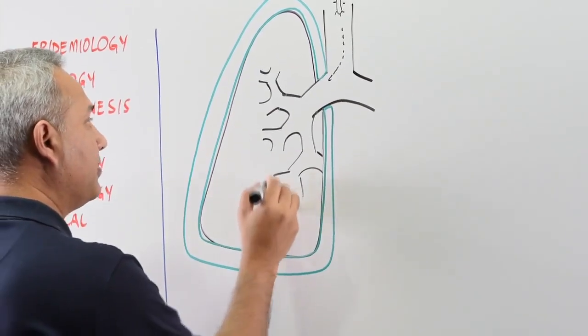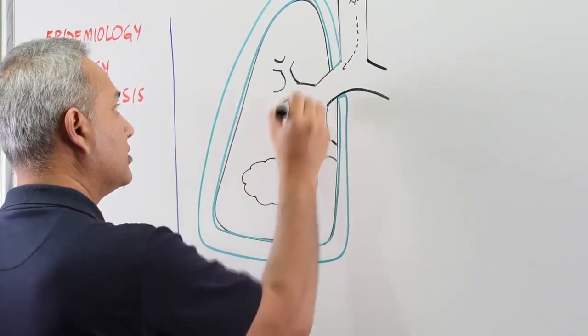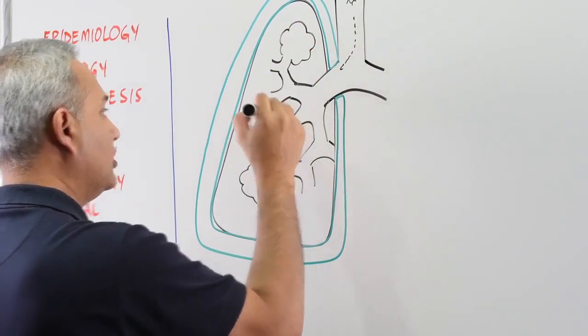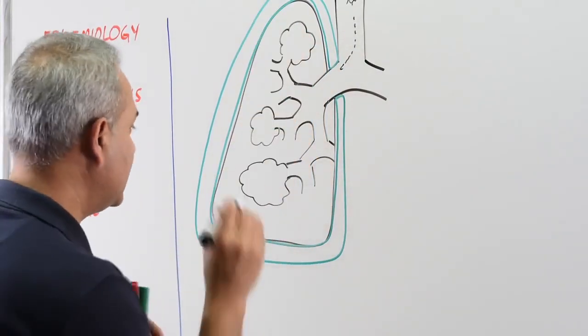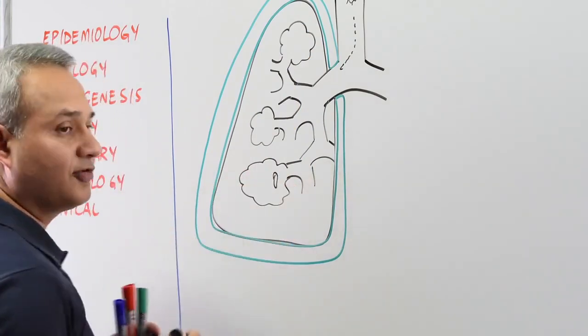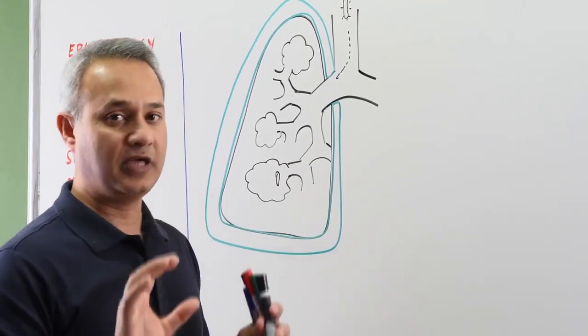Most of the time the pathogen would reach all upper, middle and lower lobes. So let's say the pathogen has reached the alveoli. We have to figure out what happens at the first exposure to the pathogen.